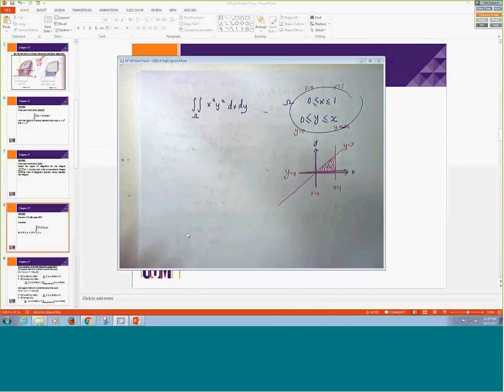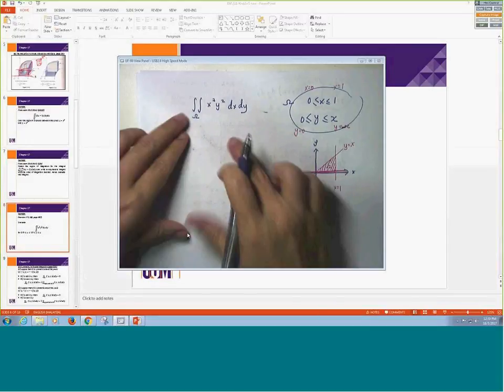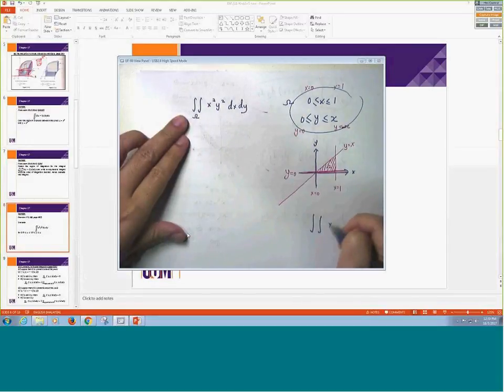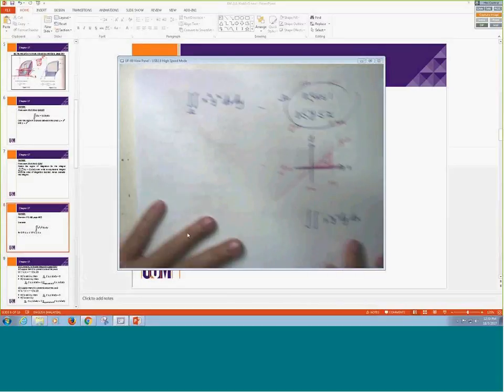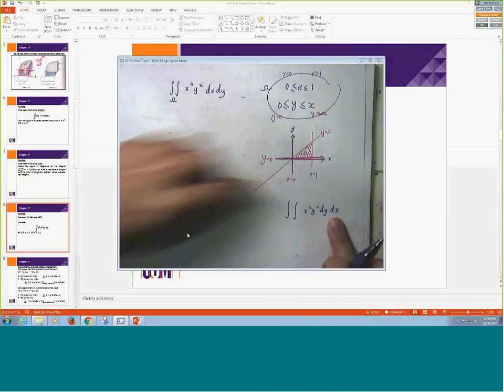So if the question is simply dy dx, it is easier because x is constant. So x from 0 to 1.